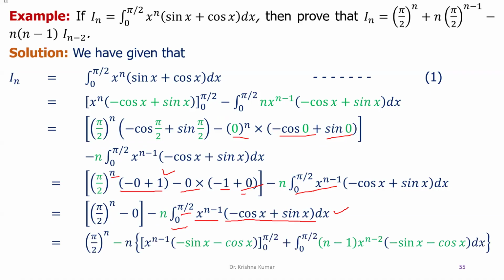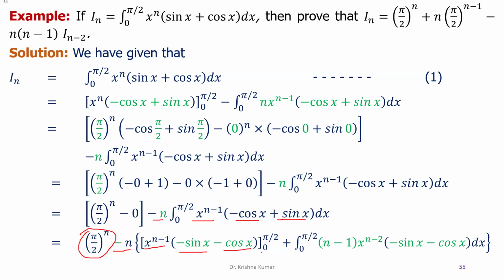Now here we again apply integration by parts. The first part is nothing but (pi by 2)^n. For the second part, minus n we have taken outside. First function x to the power n minus 1, the integration of minus cos x is minus sin x, and the integration of sin x is minus cos x, under the limit 0 to pi by 2.